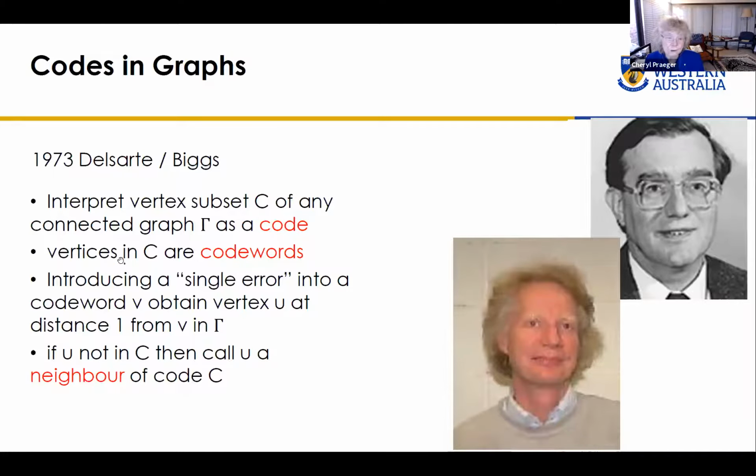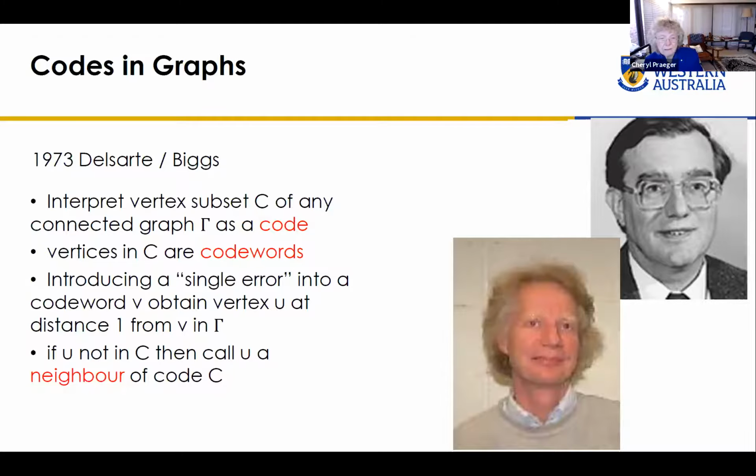And so you'll think of the vertices in C as code words, and you hope that they're spread out a bit in the graph. So you could imagine starting off at a code word V and moving to a vertex adjacent to V, joined to V by an edge, so at distance 1 from V, and you think of that as introducing a single error into the code word.